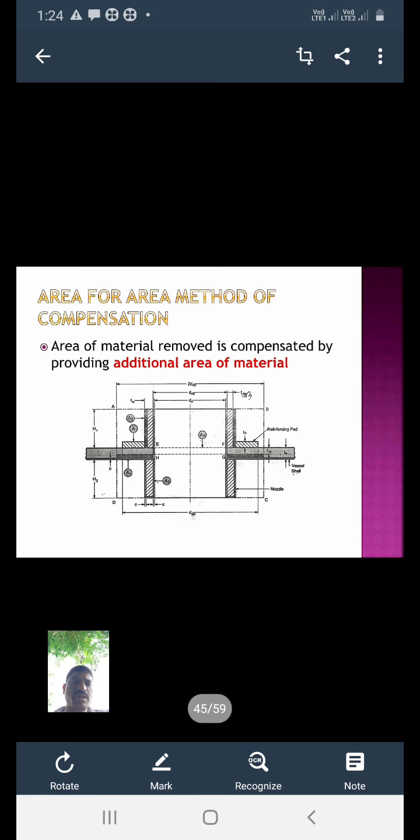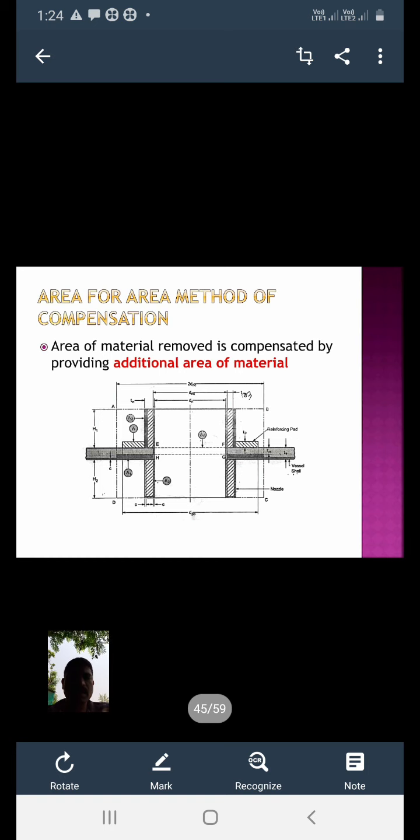Shown in the figure, you have the different dimensions. See those dimensions; you know the meaning of them. Before going on, first dA is given. dA is represented by the inner diameter of the nozzle in the uncorroded condition.